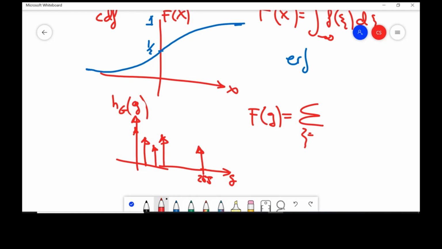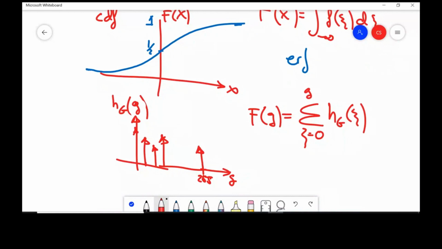So c going from 0 to g, of the histogram of c. I'm already particularizing for images, right? Otherwise, in the general definition, it would go from minus infinity to g.